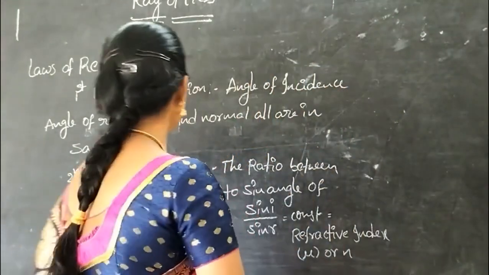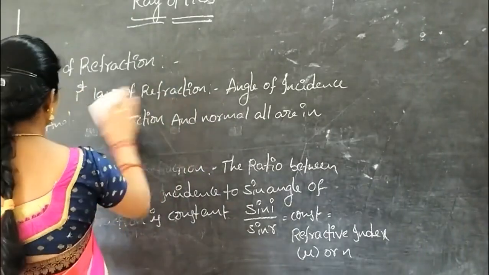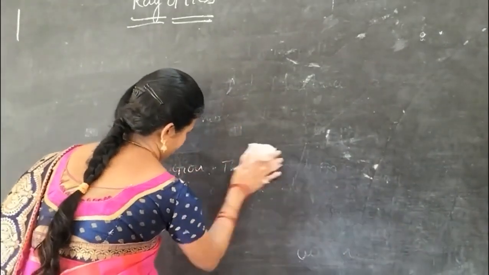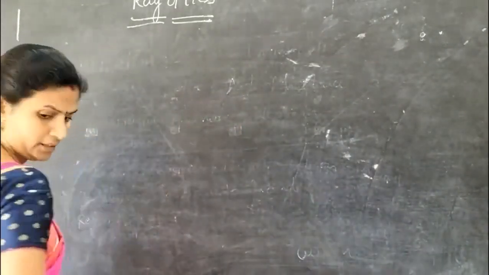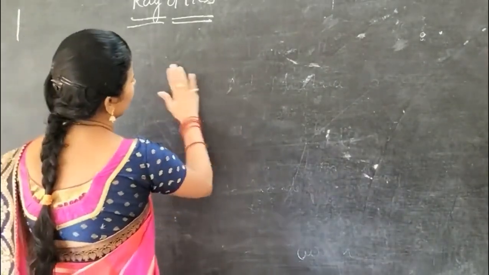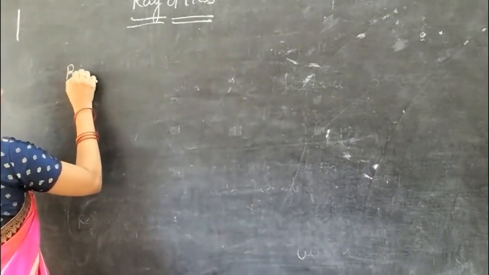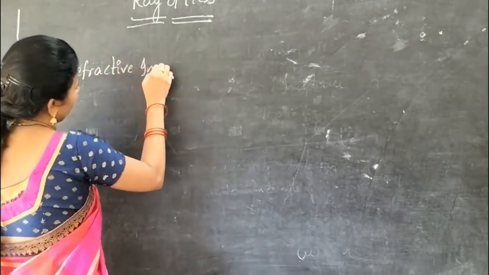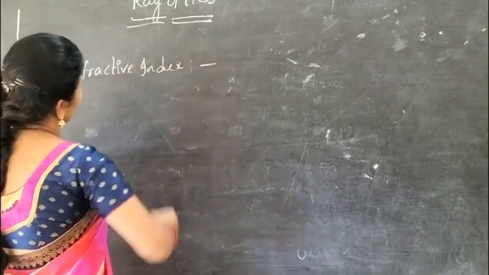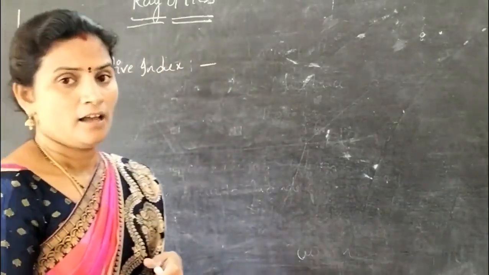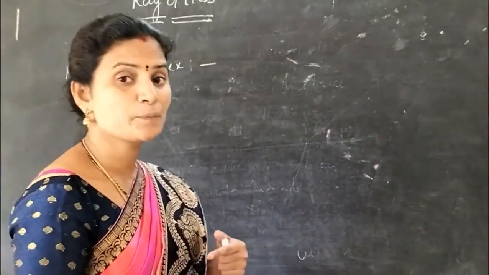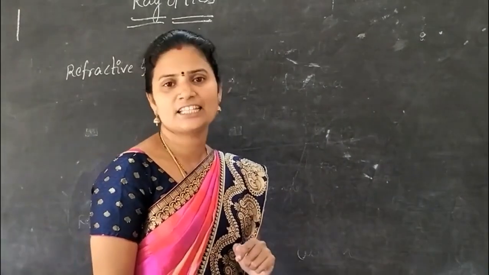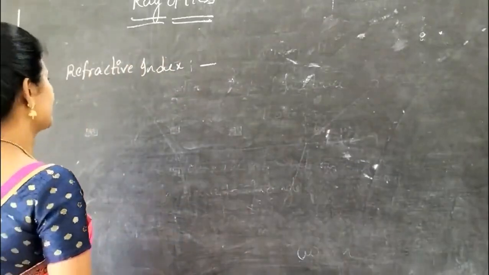According to the definition, what is refractive index? The ratio between the speed of light in vacuum and the speed of light in the medium is the refractive index.